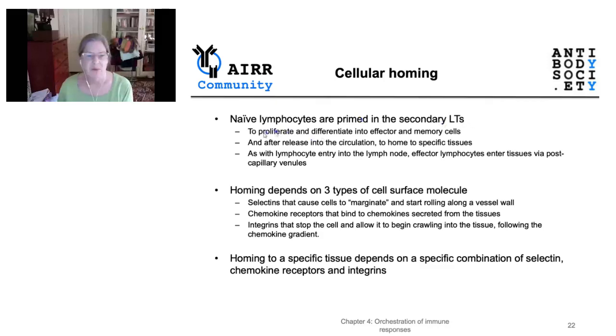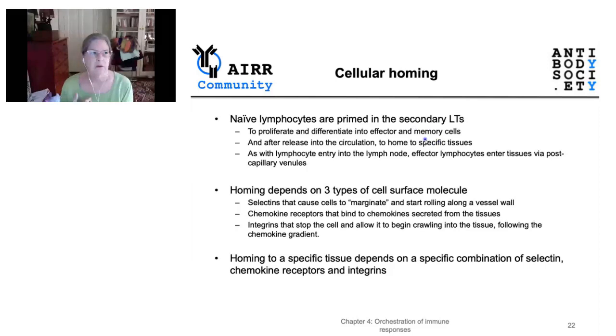They're primed to proliferate and differentiate into effector and memory cells based on antigen and innate signaling. Again, signal 1, signal 2, signal 3, that's what you need to get started. And after being released into the circulation, they're going to home to specific tissues. So just remember that that's called priming.